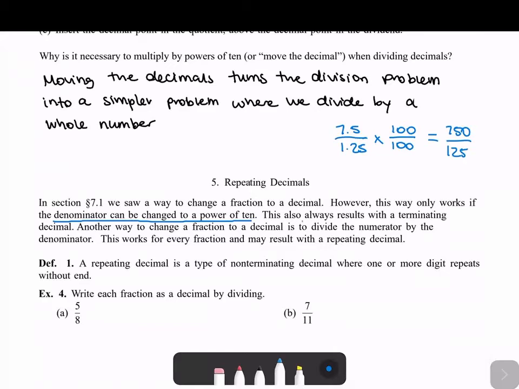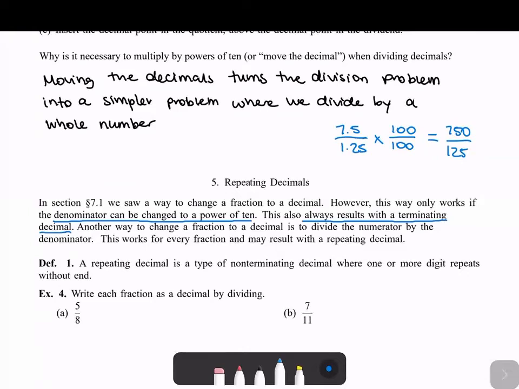And this always results in a nice terminating decimal. We talked about a terminating decimal being a decimal that doesn't go on forever, whereas a non-terminating decimal does go on. The terminating decimal just ends at some point; non-terminating doesn't end.